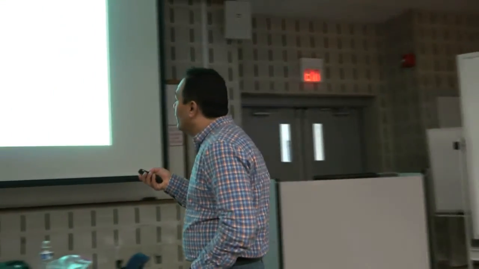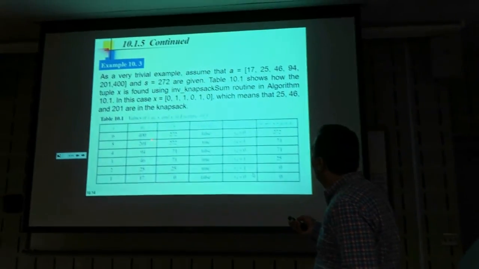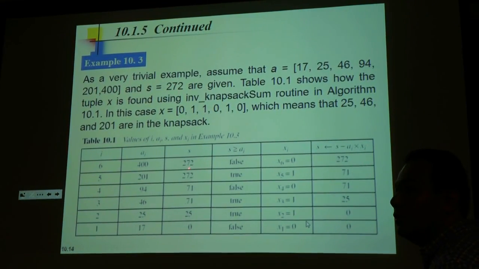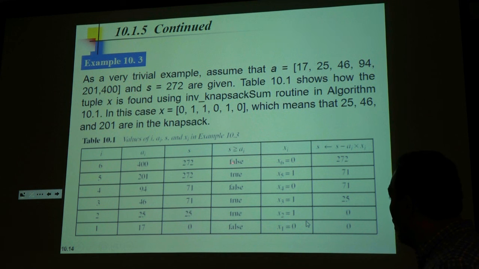So you put the A_i. How much A_i? The last one, 400. How much S? 272. Okay, we check if S is bigger than the A_i. Is S, 272, bigger than 400? No. False. Then definitely X6 equals 0.